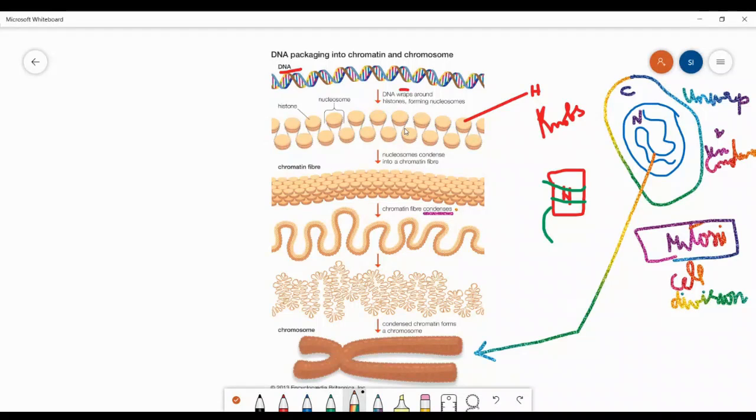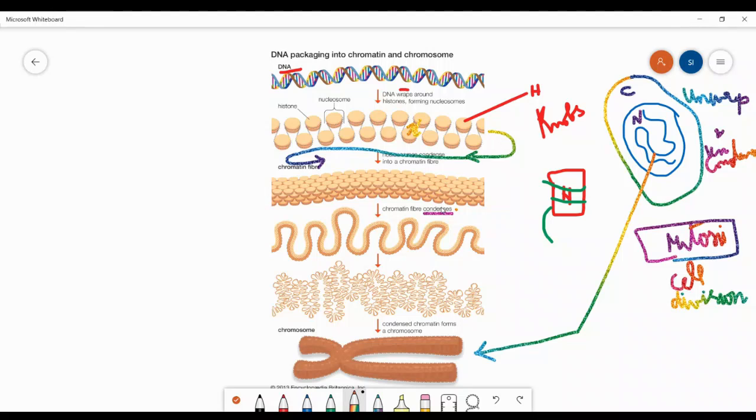Now these are brought together or closer, and further these chains are formed. You can see the wrapping around and the condensation.